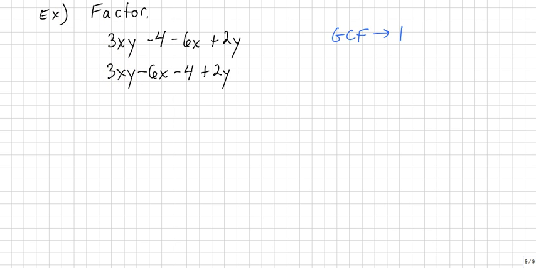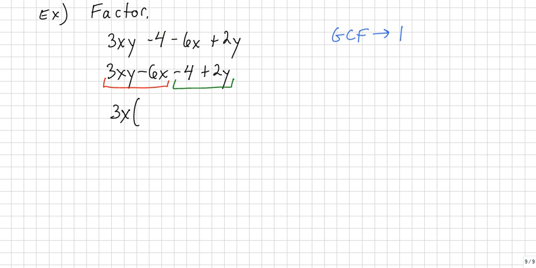So these 2 terms right here, we're going to group those together. So I'm going to put these 2 together, and then I'm going to put these 2 together. And if you look, 3xy minus 6x, they both have an x in common. So I'm going to take that out.